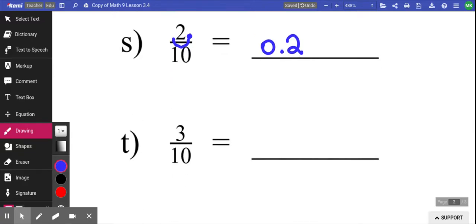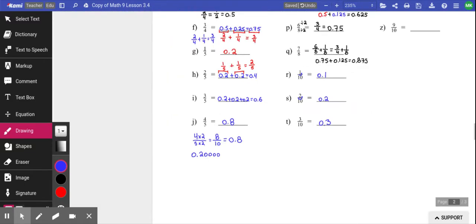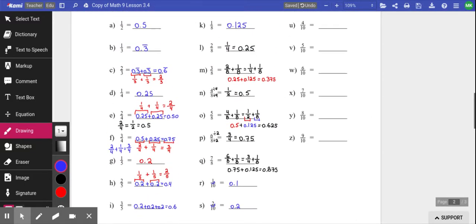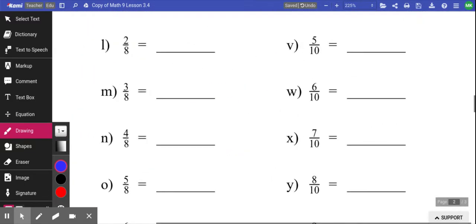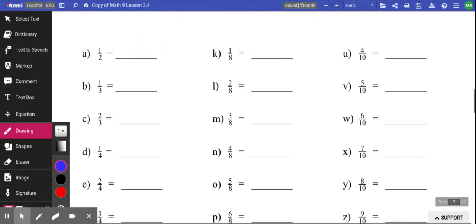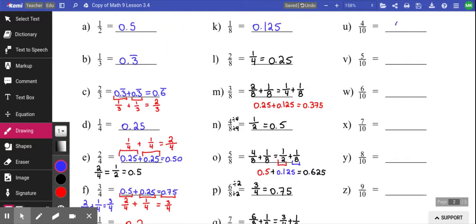Third, 0.3. Fourth, 0.4, 0.5, 0.6, 0.7, 0.8, 0.9. Tenths, you're just moving the decimal place over.